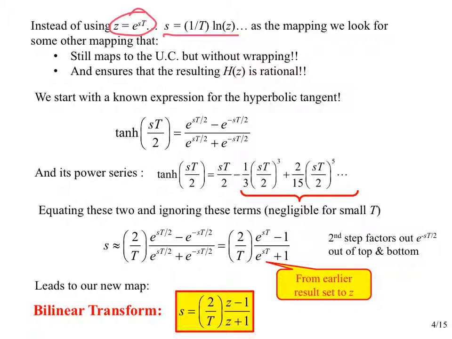What we'd like is for the j omega axis to still map to the unit circle, but without the wrapping, and also ensure that the resulting H of z is rational.